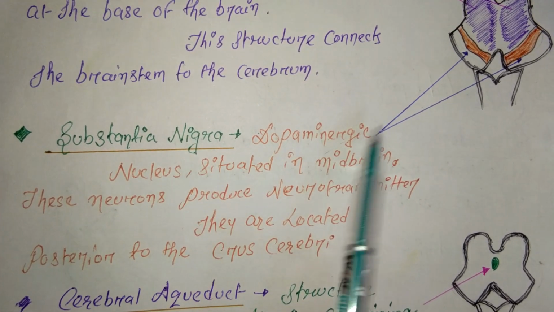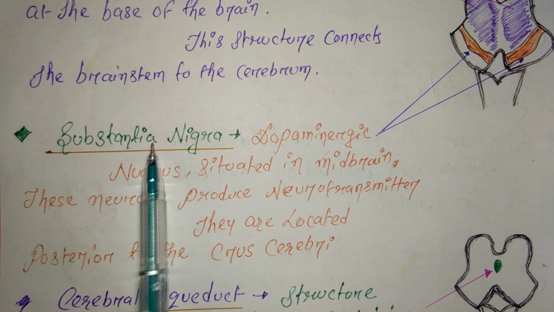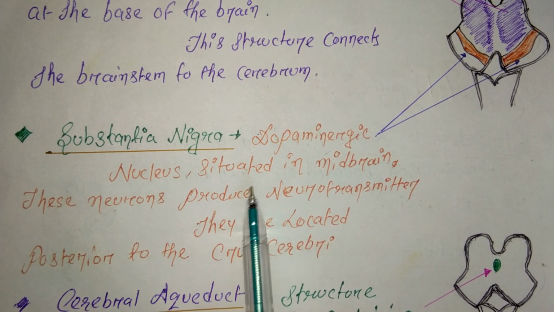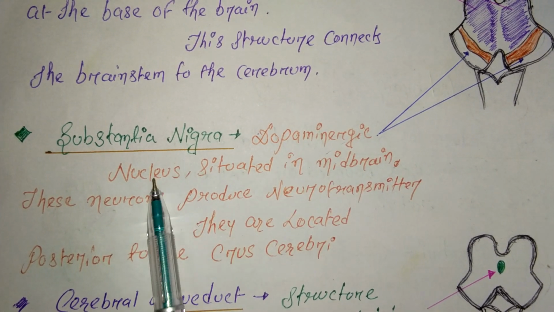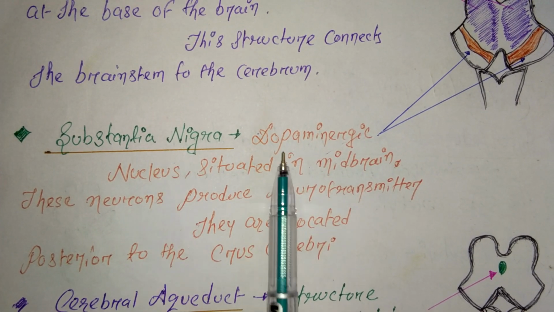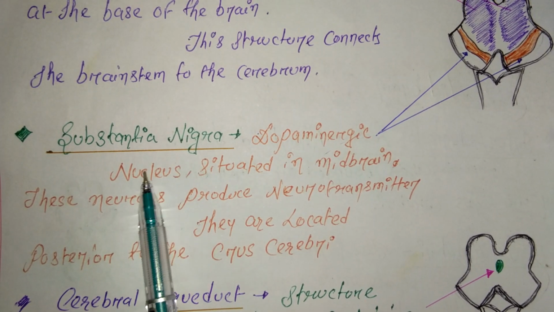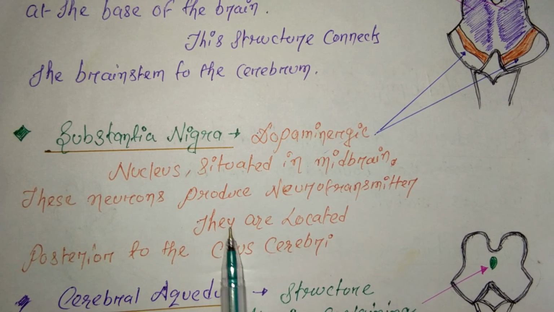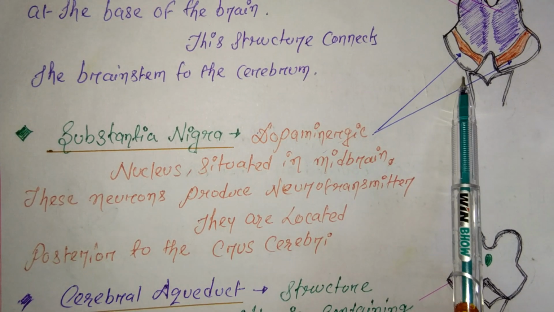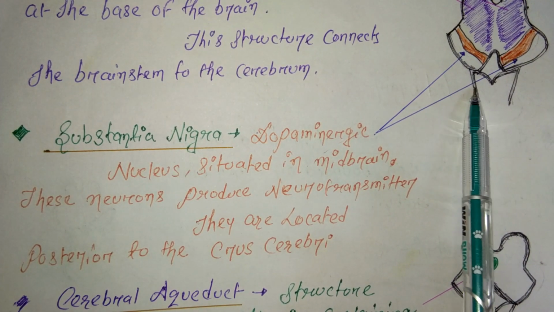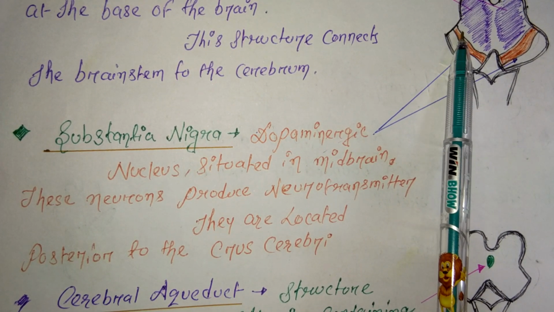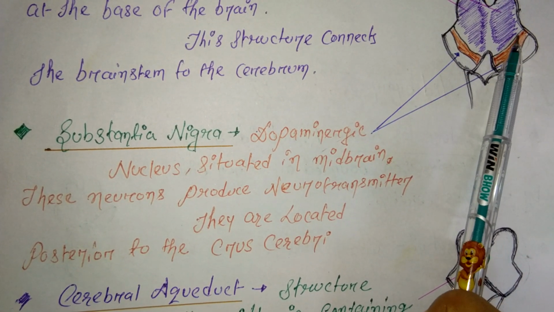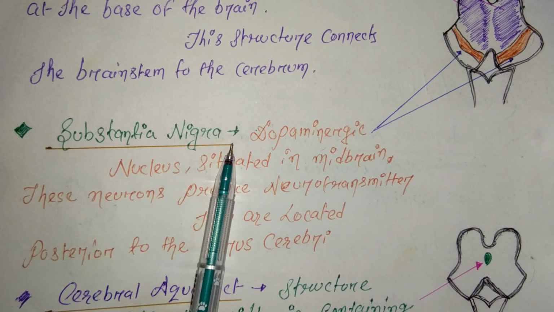Substantia nigra, a dopaminergic nucleus situated in the midbrain. These neurons produce the neurotransmitter dopamine; that's why it is called a dopaminergic nucleus. They are located posterior to the crus cerebri. This is the crus cerebri, and posterior to it we can see these two structures, known as substantia nigra.